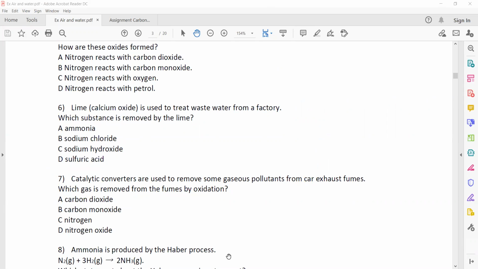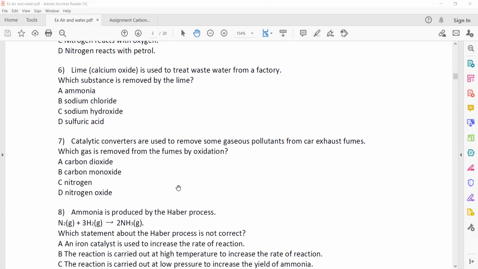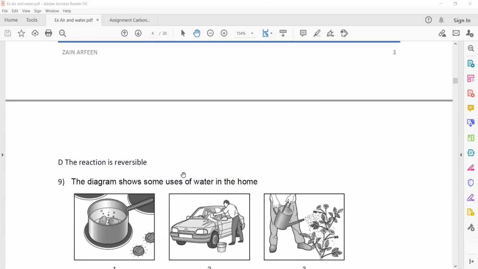Any other doubt from question 1 to question 10, the MCQs? Then from 11 to 20, any doubt from 11 to 20? This is exercise air and water.